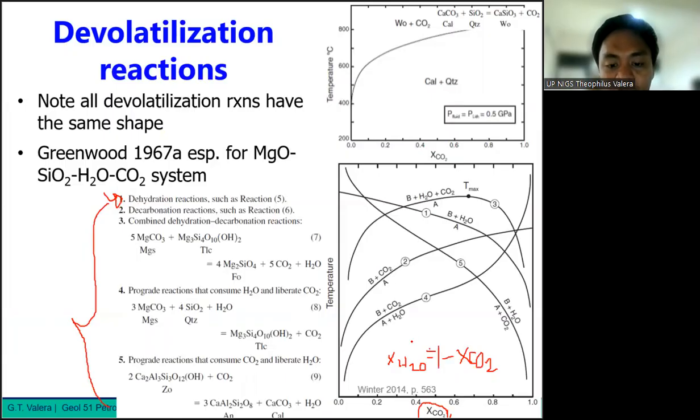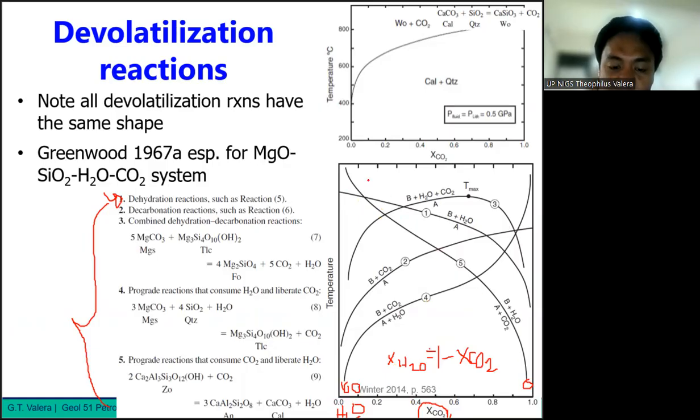Bakit? So, kung ito yung reverse, then H2O is highest here. H2O is actually 1 here, 100% water. And water here is 0%. Okay? So, let's mag-focus muna tayo sa reaction number 5.